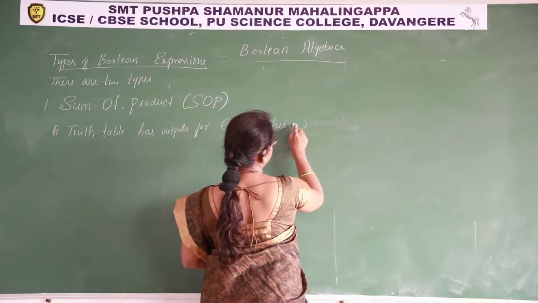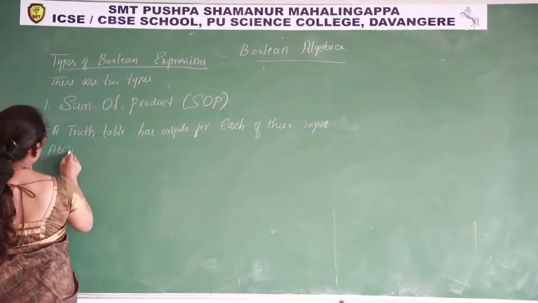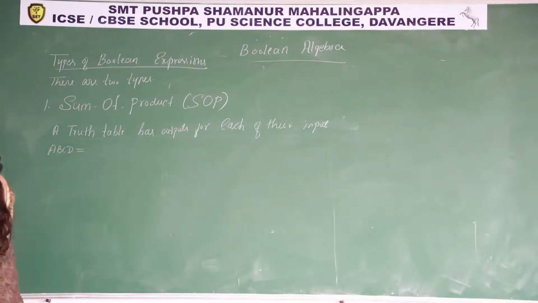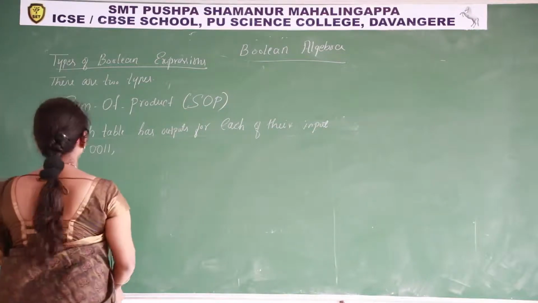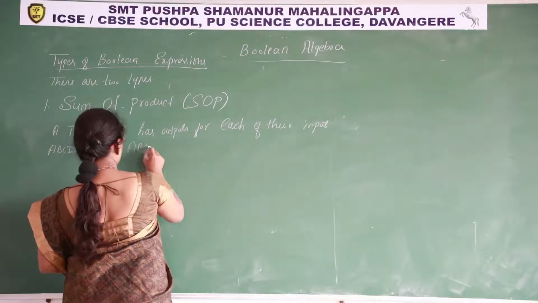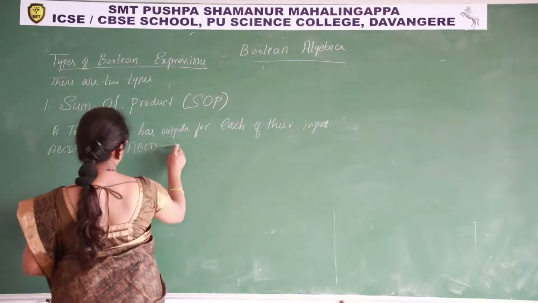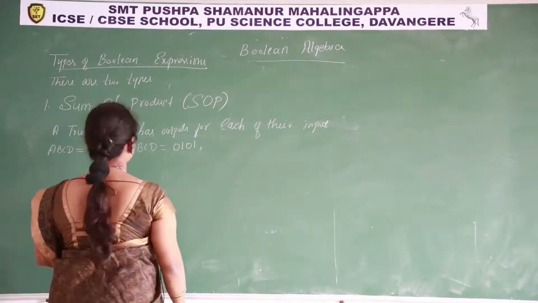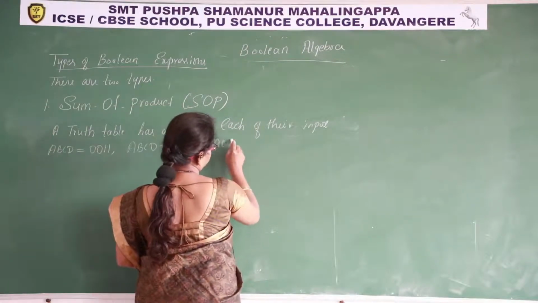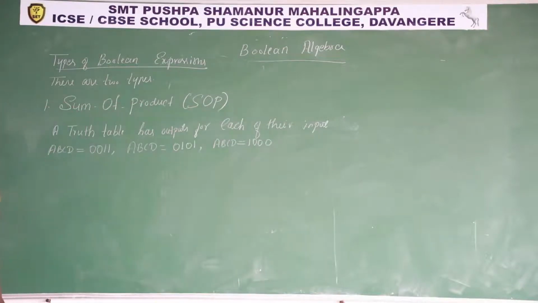Sometimes they will give the inputs: ABCD is equal to 0011, comma, ABCD is equal to 0101, ABCD is equal to 1000. What are the fundamental products, and write the SOP expression?